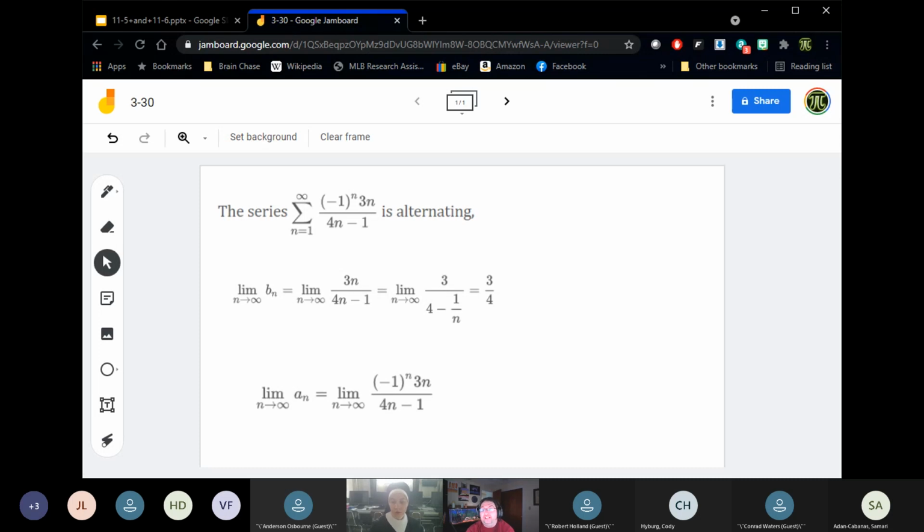We just have to use a different test to show that it converges or diverges. So the alternating series test doesn't give me any information if it fails. Just like the test for divergence, if it passes the test for divergence, I know it diverges. If it fails the test for divergence, I don't know if it converges. I just know it doesn't pass that test. Does that make sense?